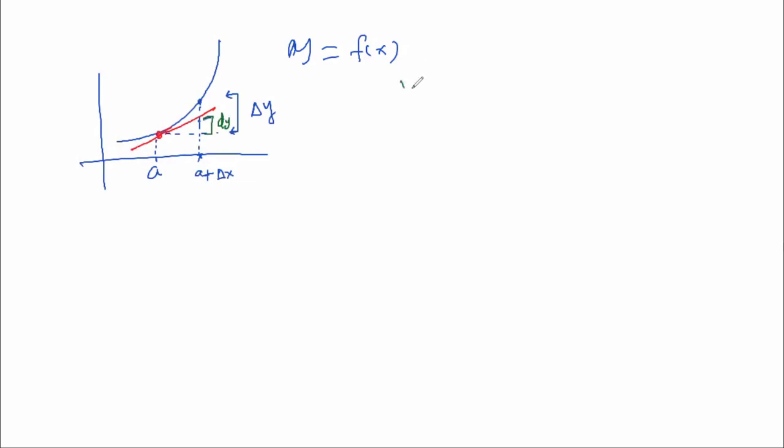Delta y is the change of height of the curve y equals f of x.